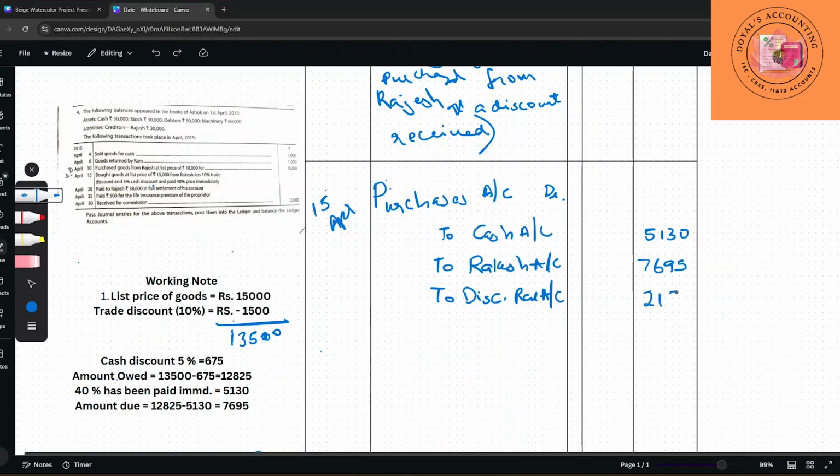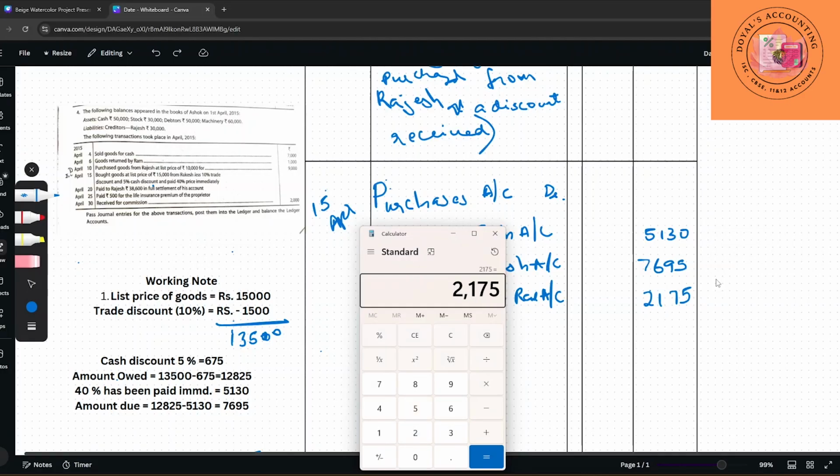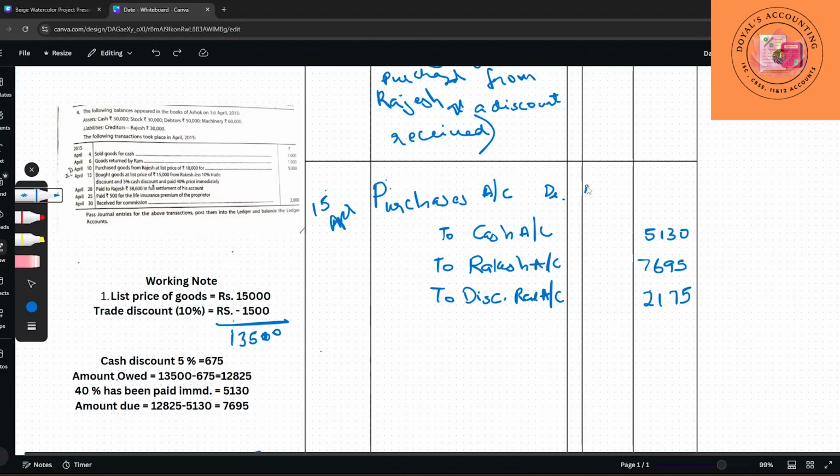Okay. Now let's just add up all these three: 2,175 plus 7,695 plus 5,130, 15,000. That will come in our debit column. In the narration, we'll write being goods purchased from Rakesh for part credit and part cash and a discount received.